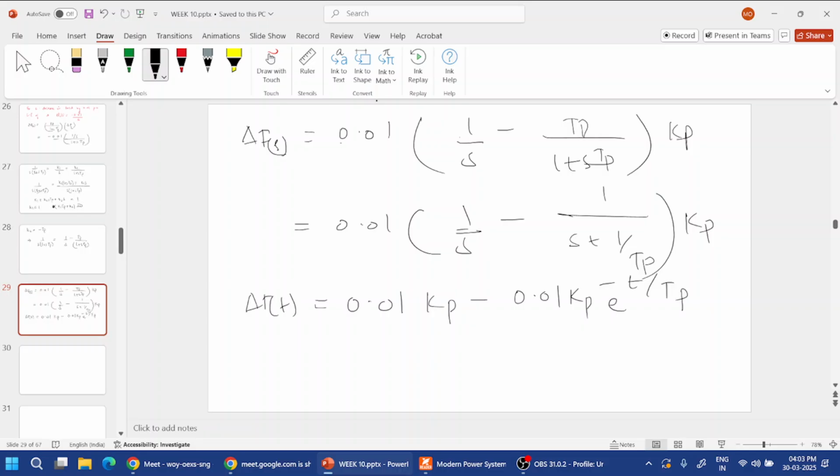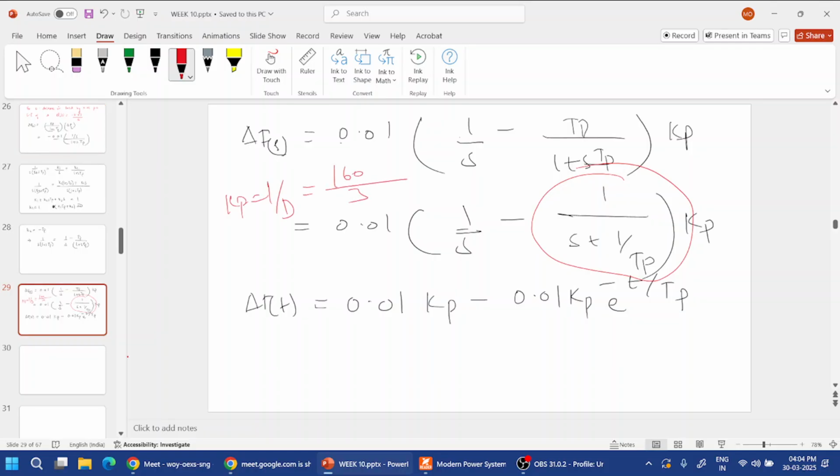We know the Laplace transform of this function. It's quite explanatory. And what is Kp? Kp is 1 by d, and d is 3 by 160.